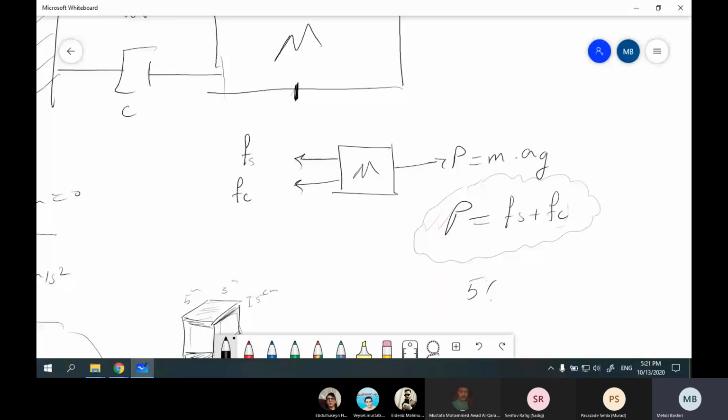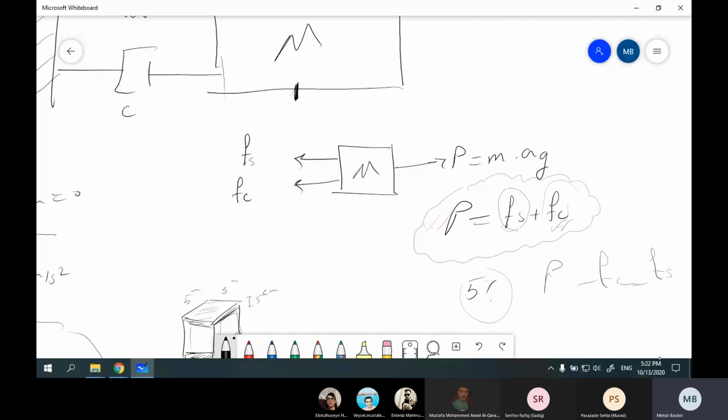I'll explain this part more in future, but for now, assume that this part is known as 5%. So you have this part and you have this part. You can find this part. It's easy, yes. P minus Fd gives Fs.